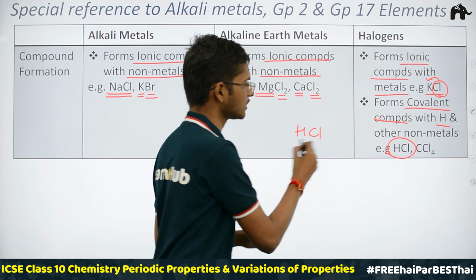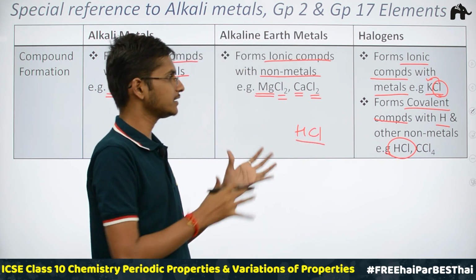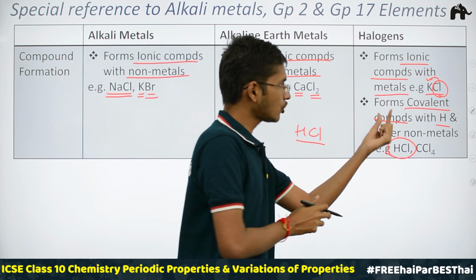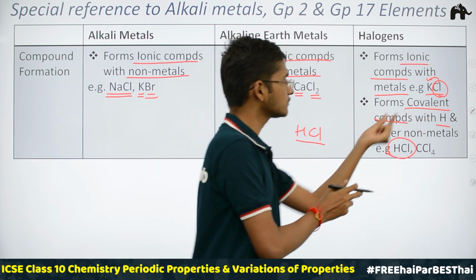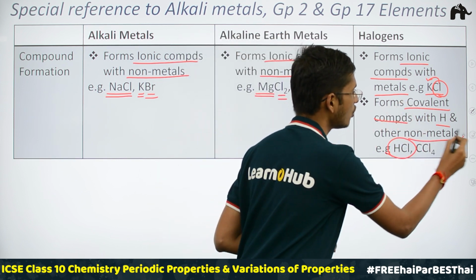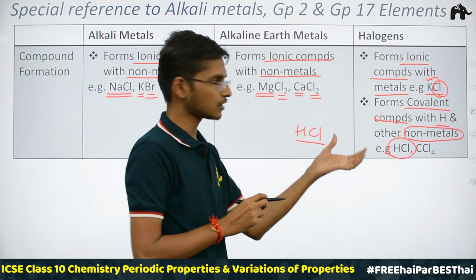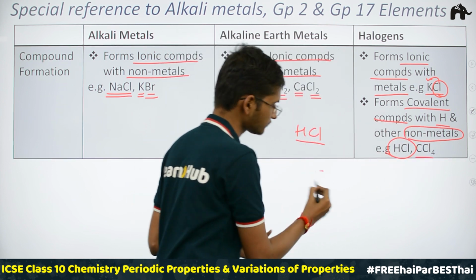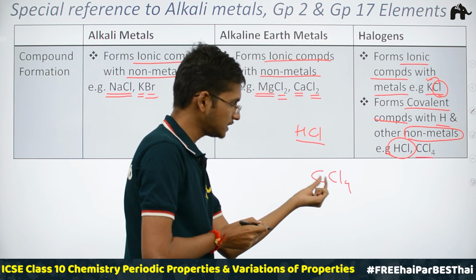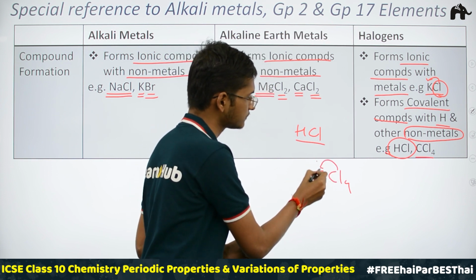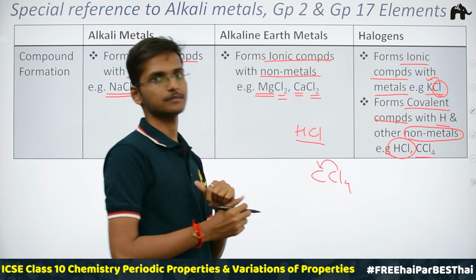Don't worry about covalent compounds either; we will study them in detail in the next chapter. And not only with hydrogen, halogens also form covalent compounds with other non-metals, for example carbon, giving CCl4.